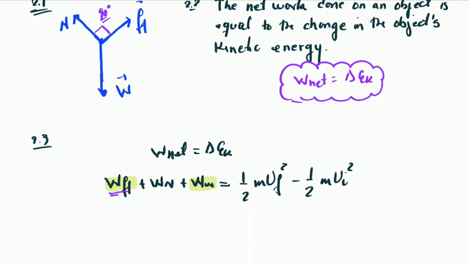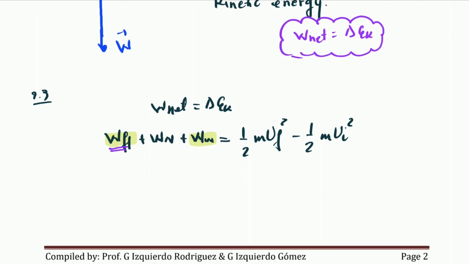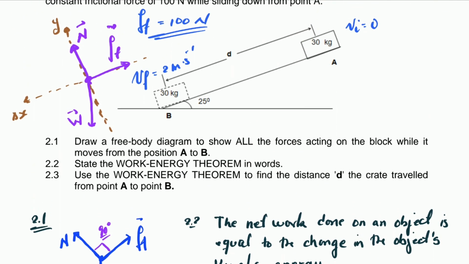So let's begin with the work done by frictional force here. The work done by frictional force is equal to frictional force multiplied by the displacement multiplied by the cosine of 180 degrees. You know that is the angle between the displacement and the frictional force, which is this one here.